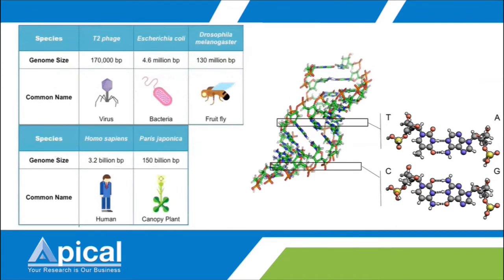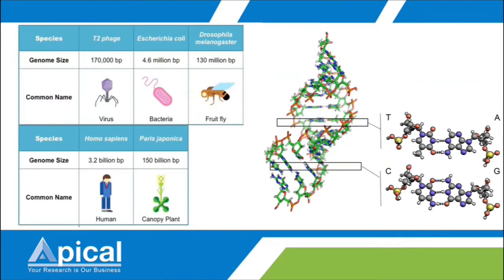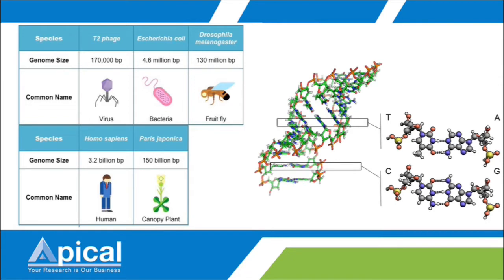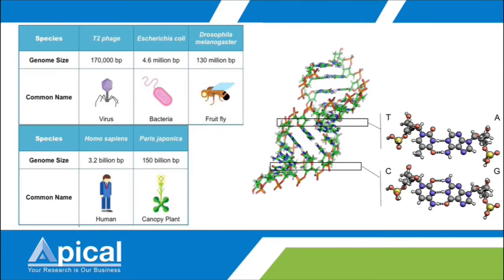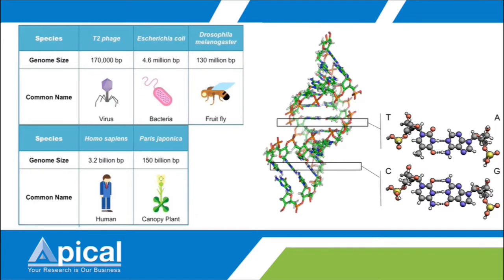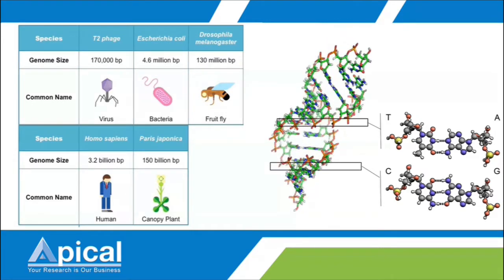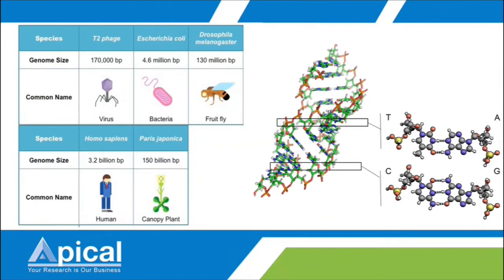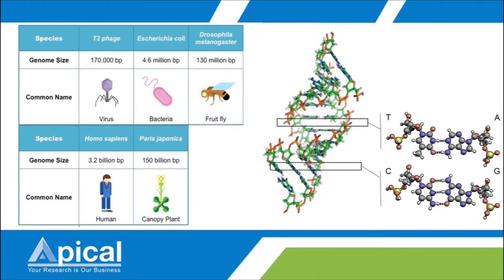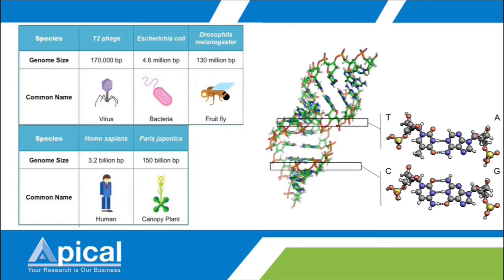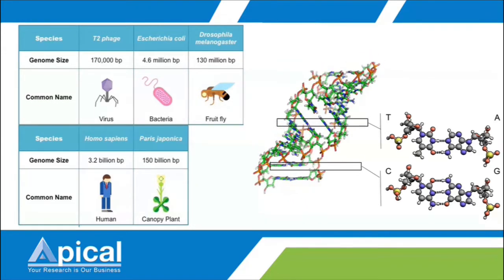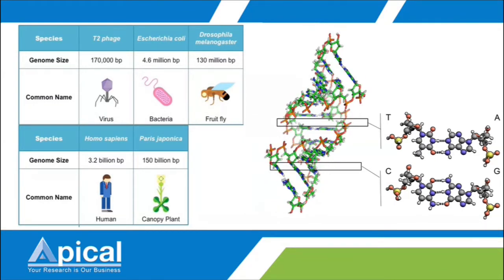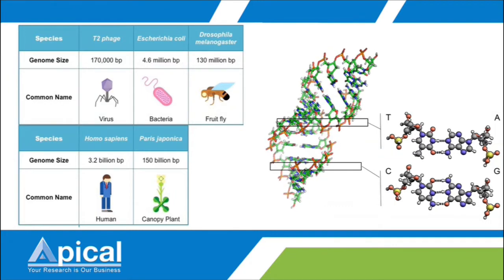Genome size depends on the organism, ranging from a few kilobases in virus to a few megabases in bacteria, then to 10 to 100 gigabases in higher eukaryotic cells. Humans have an estimated genome size of 3.2 billion base pairs, which is 3.2 gigabases. Plants have even more, up to hundreds of millions of base pairs.